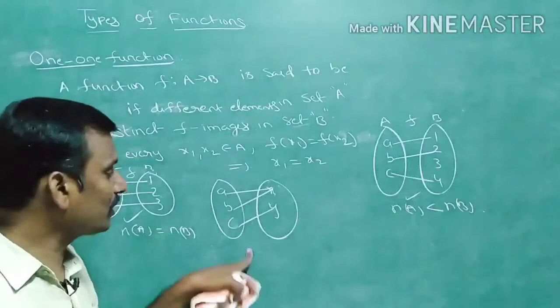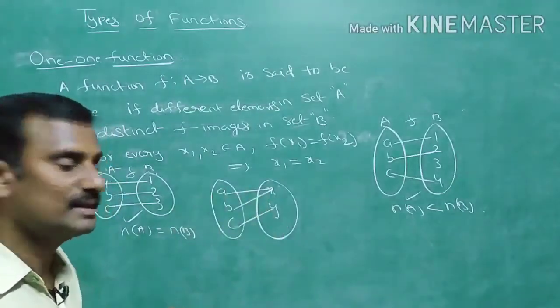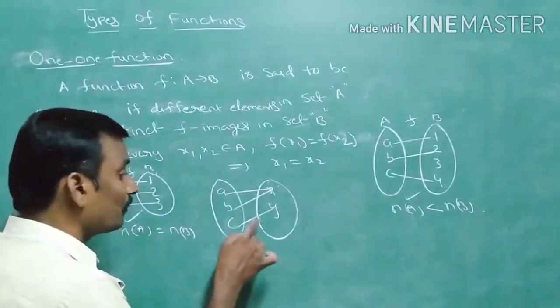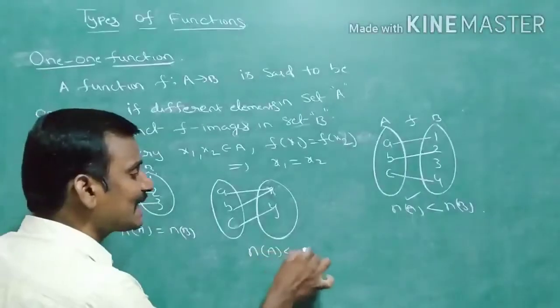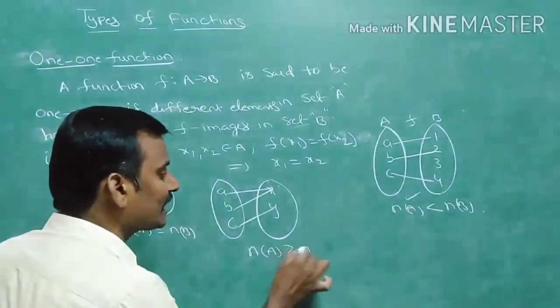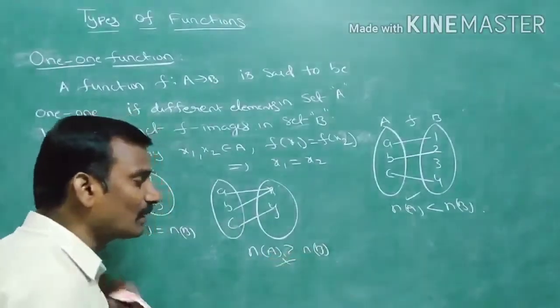It's not one-one because A and B have the same f image. So here n of A is greater than n of B. In this case, f is not one-one.